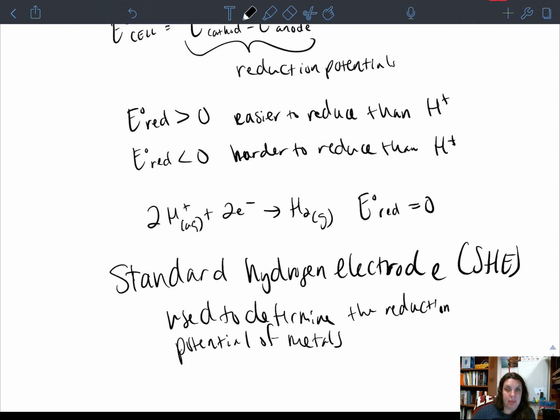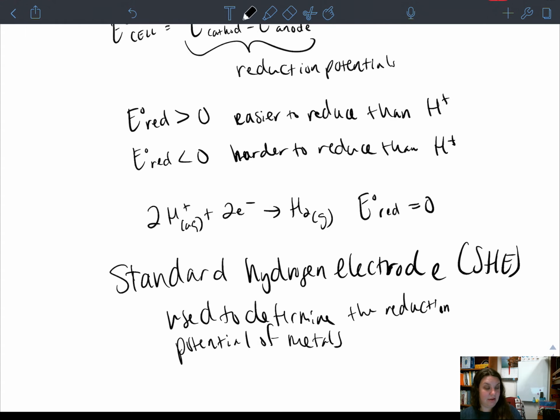Okay, so we're going to use all that information and a table of reduction potentials, which you guys have been given already in this table right here. So these are a bunch of reduction potentials. Well, we're going to use those reduction potentials to determine our E cell in this lecture.